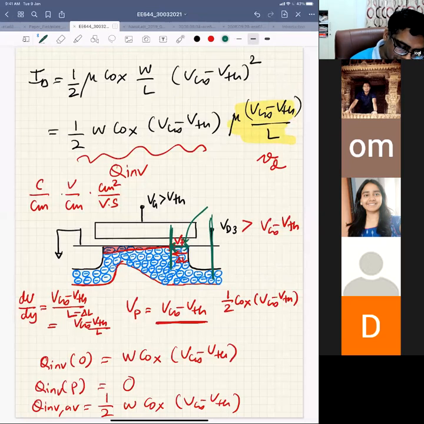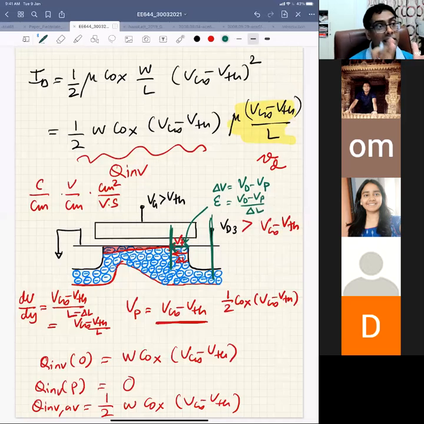This delta V is your drain voltage minus pinch-off voltage, and this delta L is very small. So you have an electric field which is Vd minus Vp by delta L, a very high electric field present at this point.